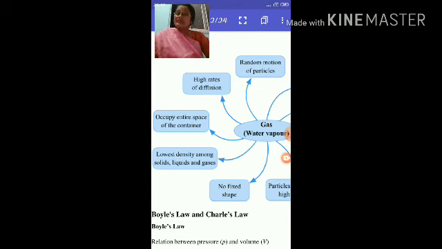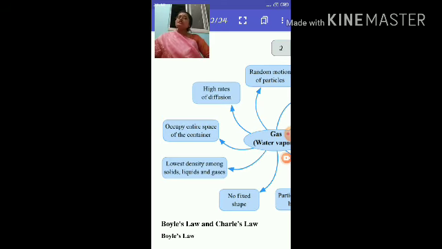In terms of density, solid has the greatest density, liquid has intermediate one, and gas has lowest density. Gaseous molecules occupy the entire space of the container, and lastly, high rates of diffusion.